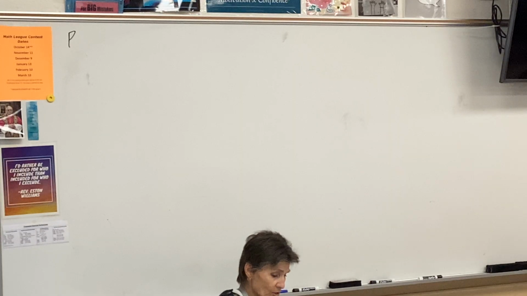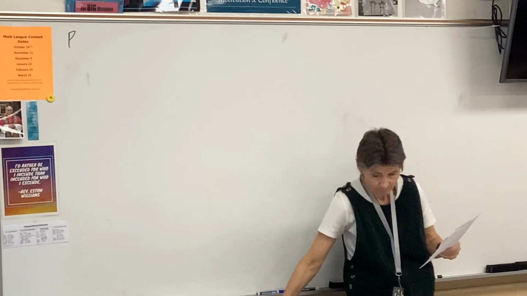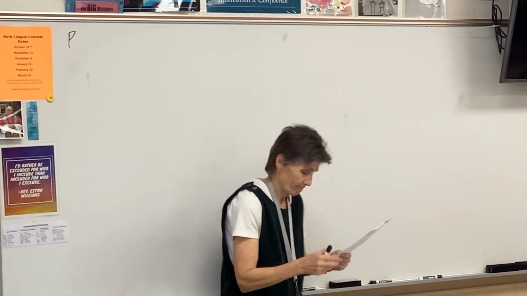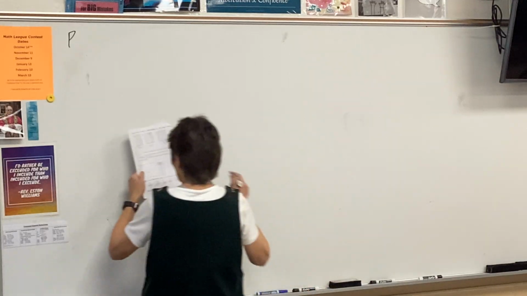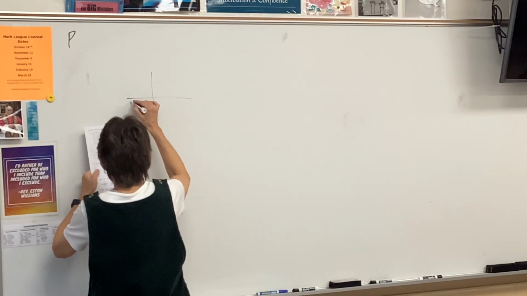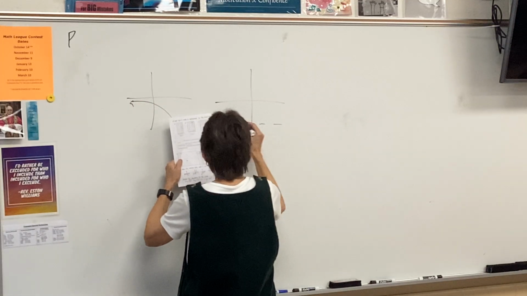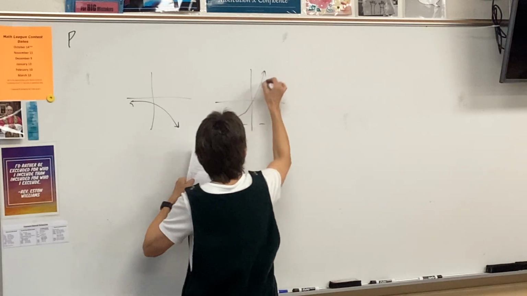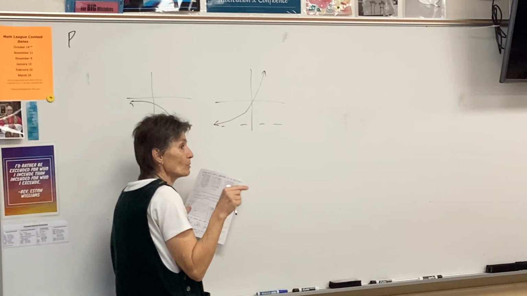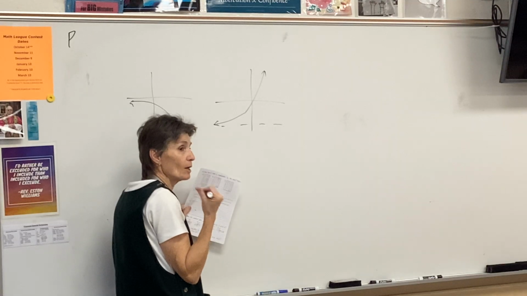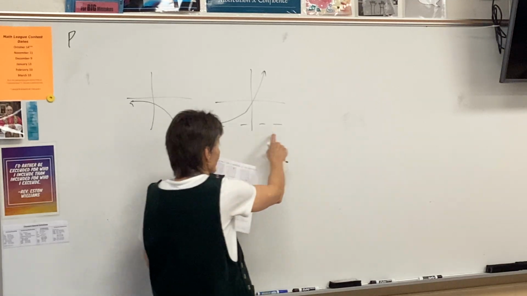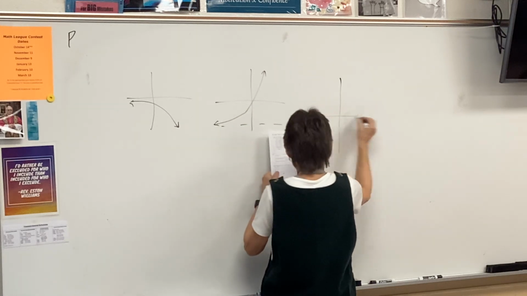Match the equation to the graph. So there's our first graph. Here's our second graph. By the way, when you are drawing your own exponentials, like you did in a homework recently, make sure you're indicating where the asymptote is.